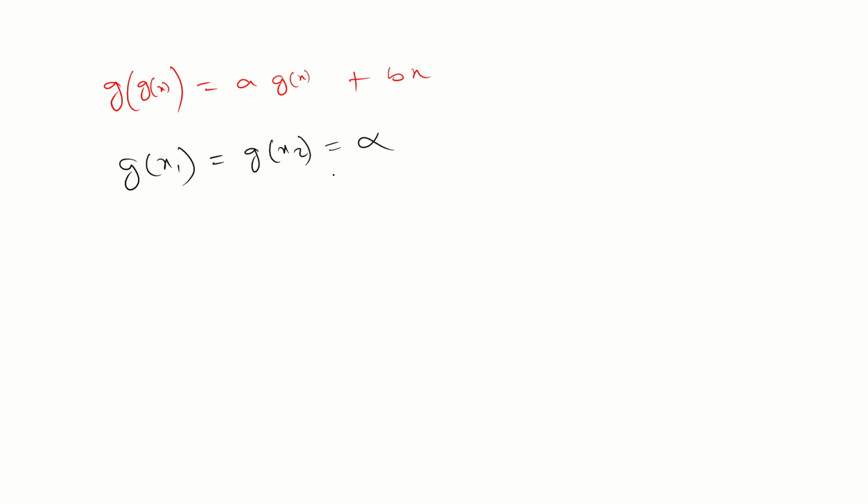So if we put it here, suppose g of g(x1) equals lambda equals a times g of lambda plus b times x1, and this is g of x1.